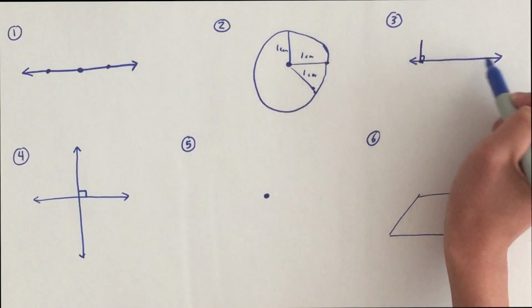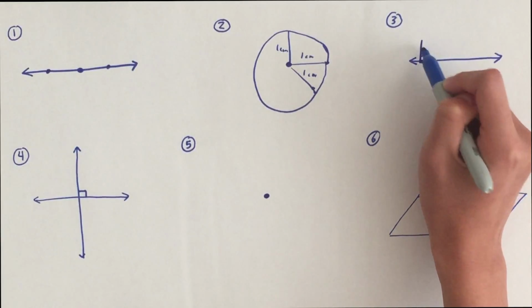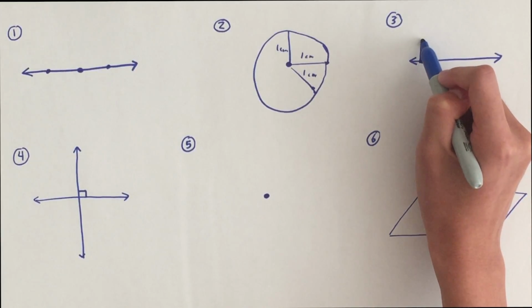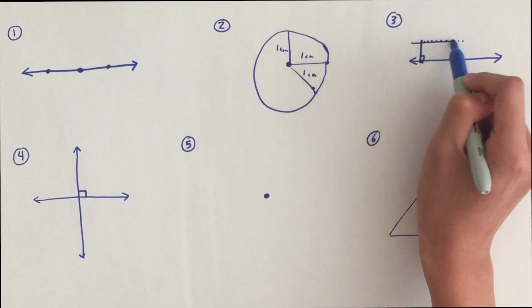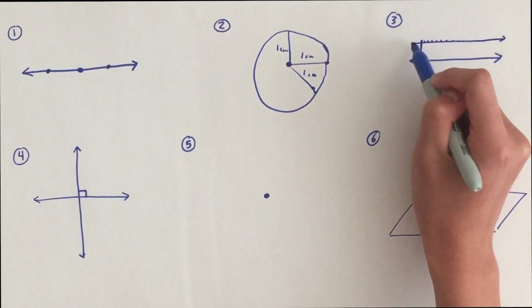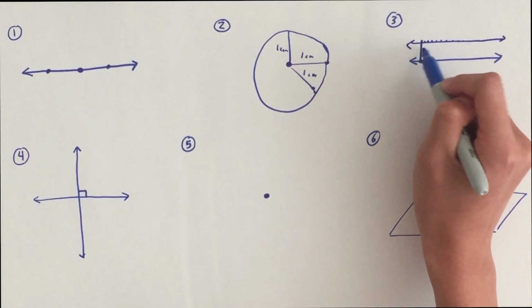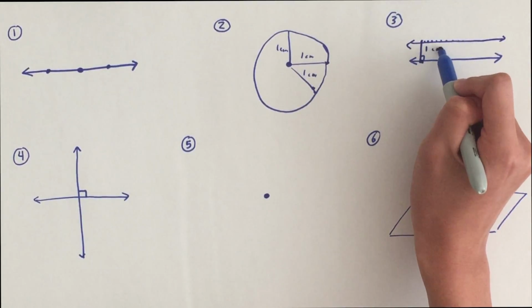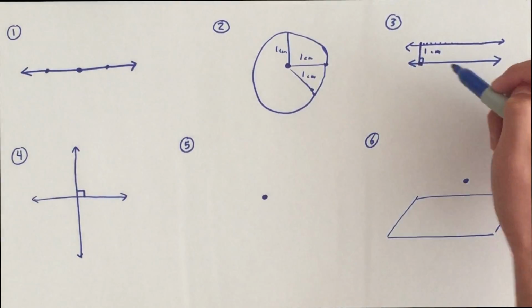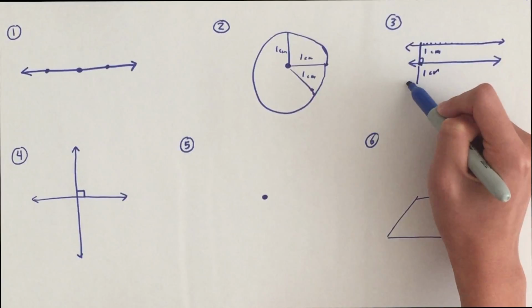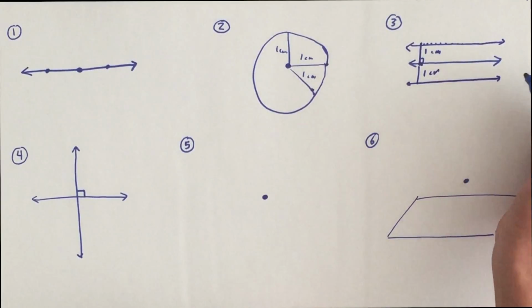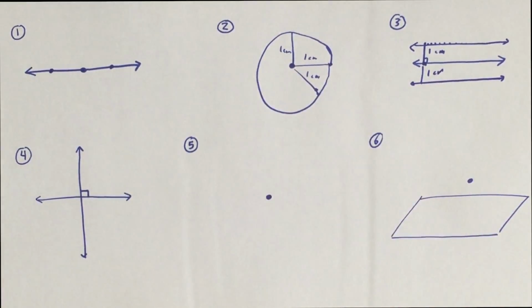But there is an infinite number of points on the line, so there would be an infinite number of perpendiculars, and there would be an infinite number of points on this end too. Eventually you'd end up with one line parallel that's 1 centimeter away. But you have to remember that this is 2-dimensional, so it would be on this side too.